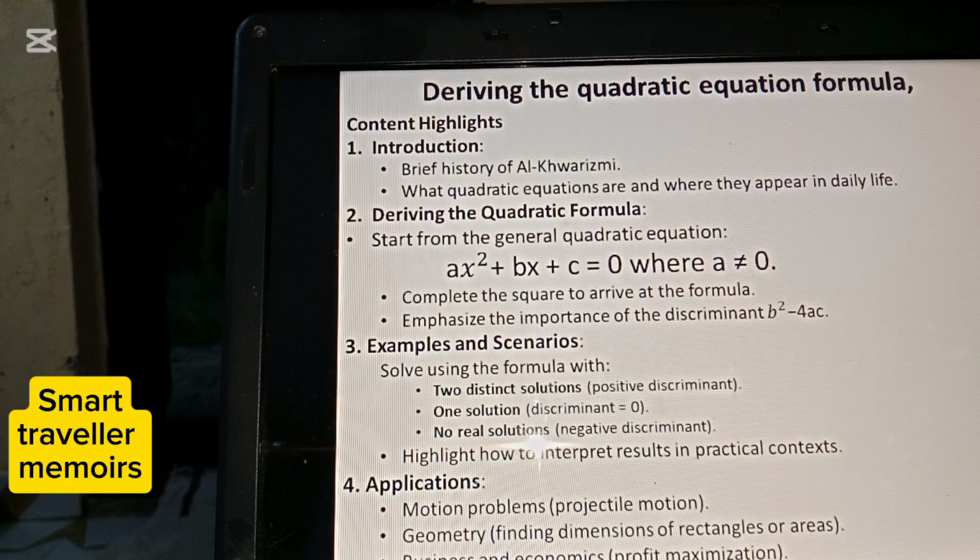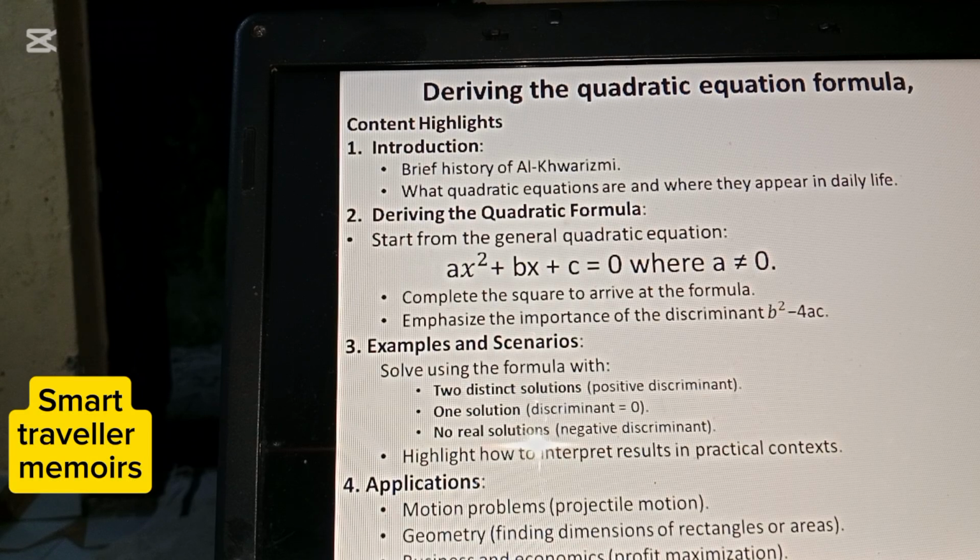The second thing I'll come to is the main crux of the matter, where I will derive the quadratic formula. Here I will start from the general quadratic equation, ax squared plus bx plus c is equal to 0, where a is not equal to 0. Then I'll complete the square to arrive at the formula, and then I'll emphasize the importance of the discriminant, b squared minus 4ac, which is under the radical sign.